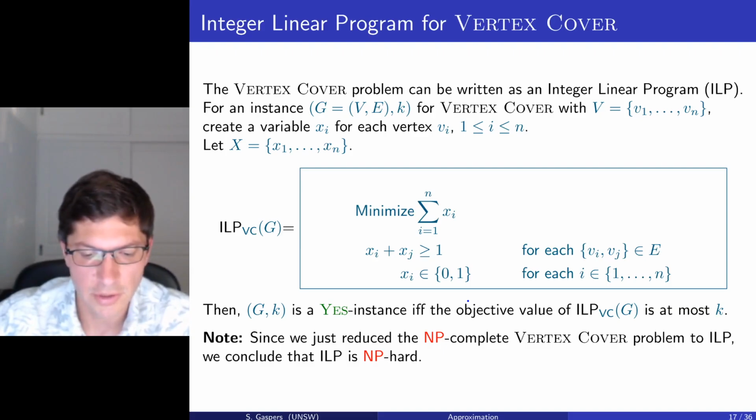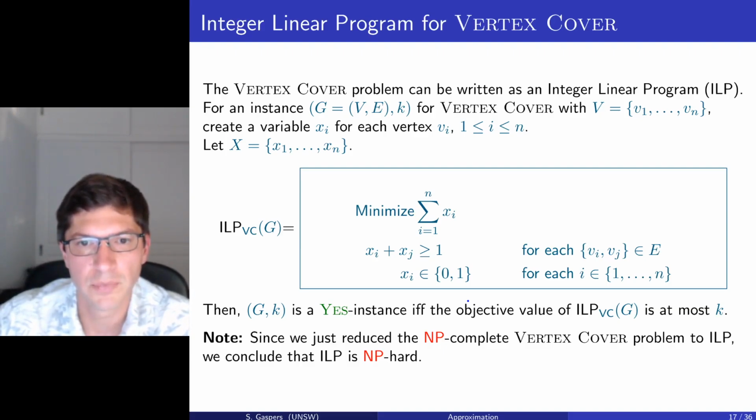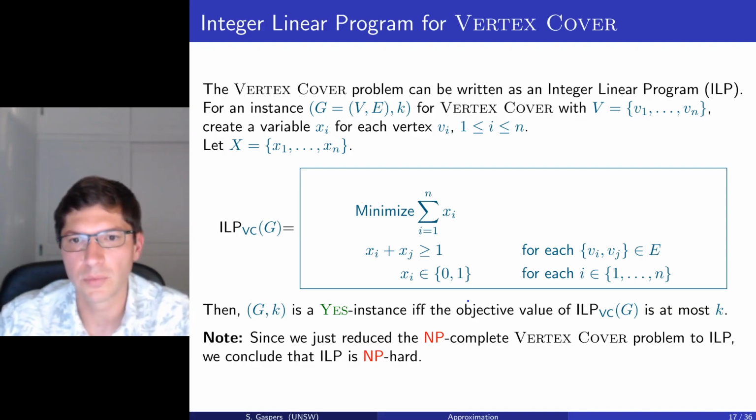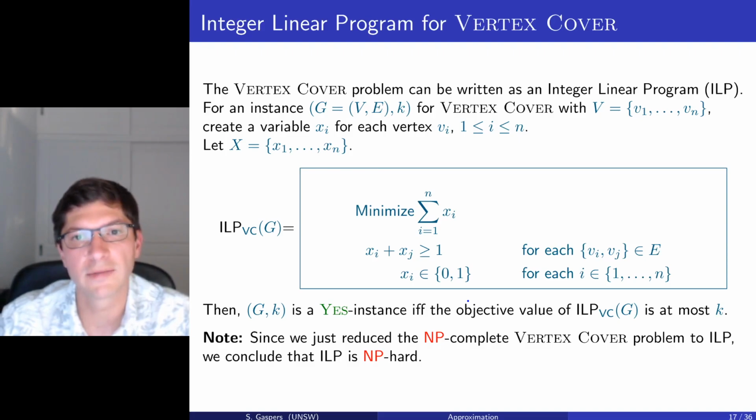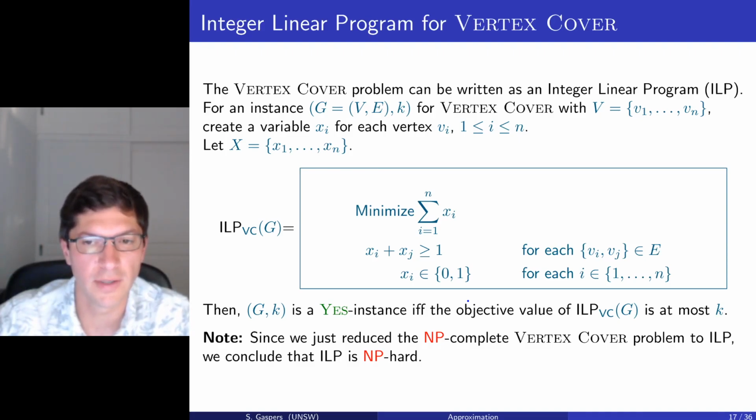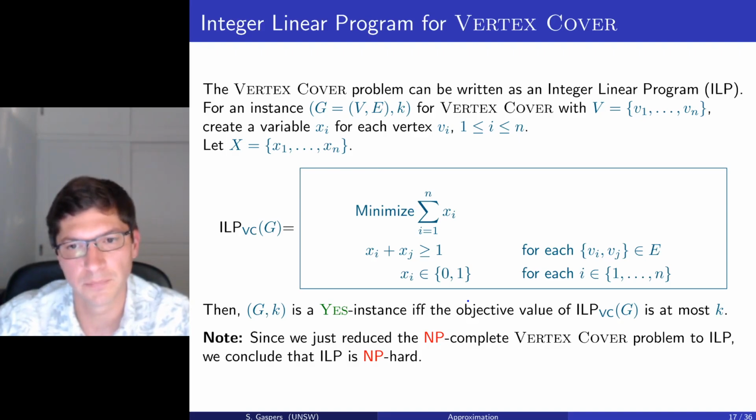So for each graph G, we now have an integer linear program that expresses vertex cover. The meaning behind this is that we set a variable xi to 1 if we add the corresponding vertex vi into the vertex cover, and we set xi to 0 if we don't add the corresponding vertex to the vertex cover.